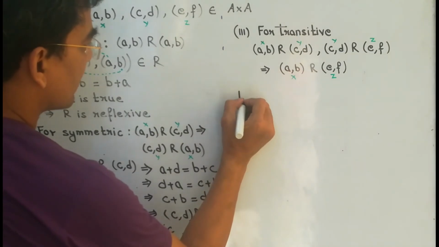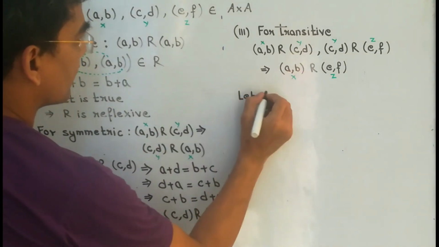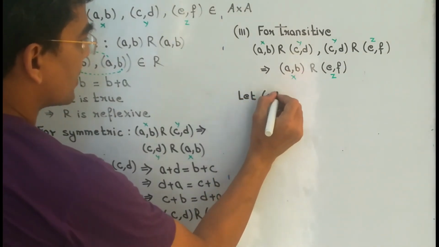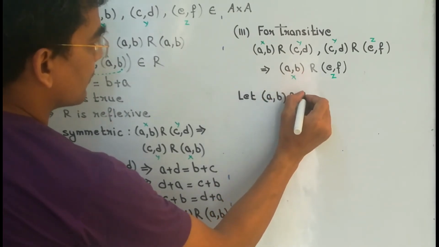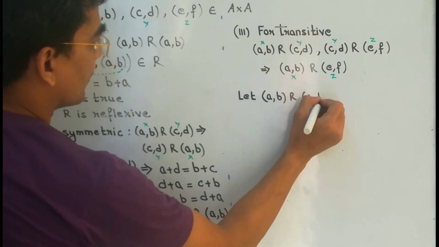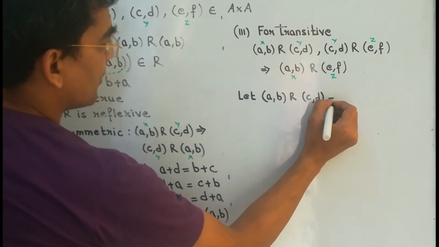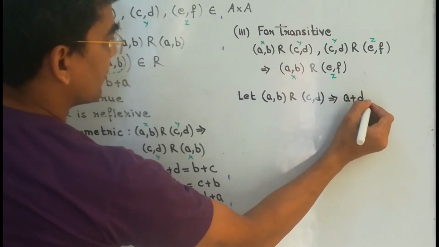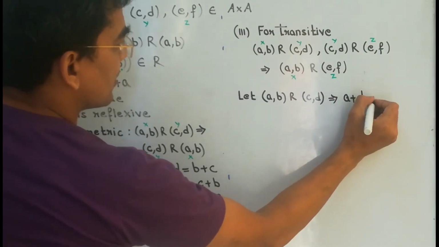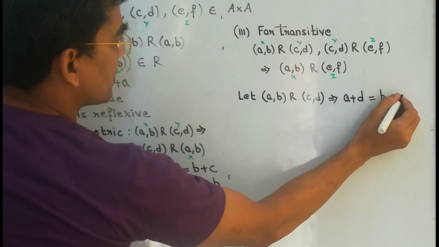So let this be x related to y. So from here you will get a plus d is equal to b plus c.